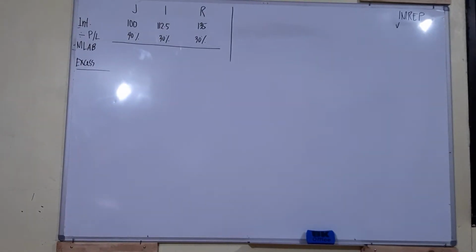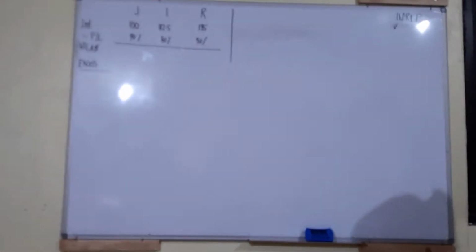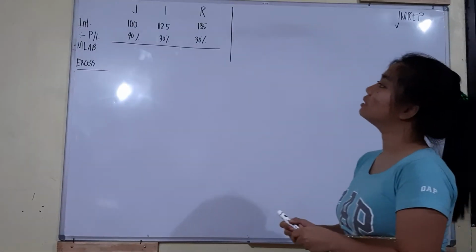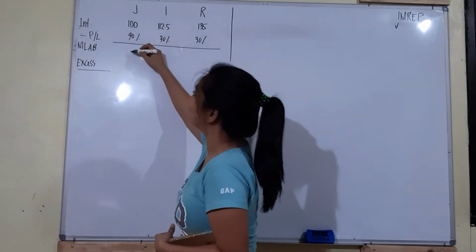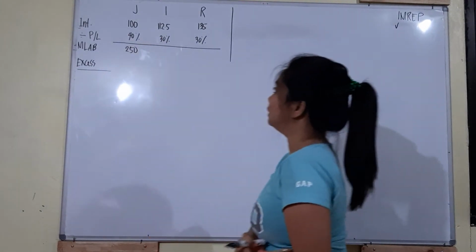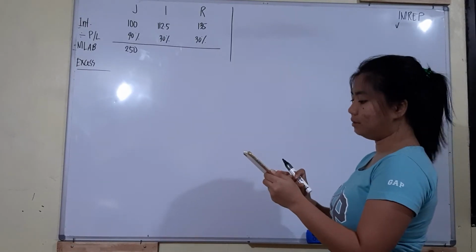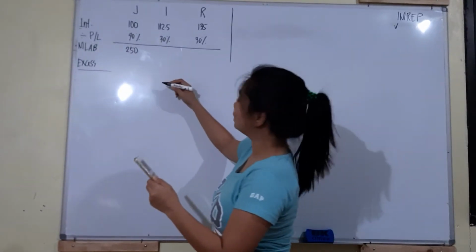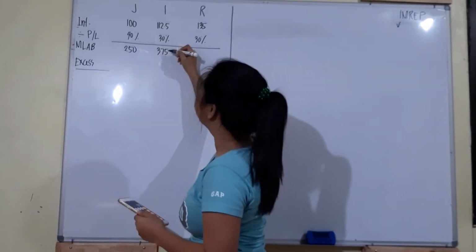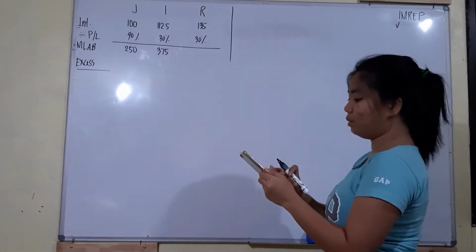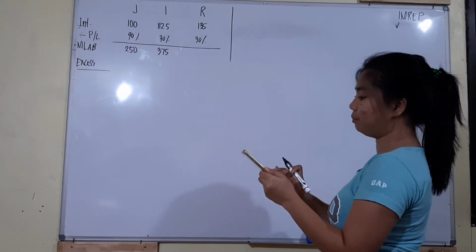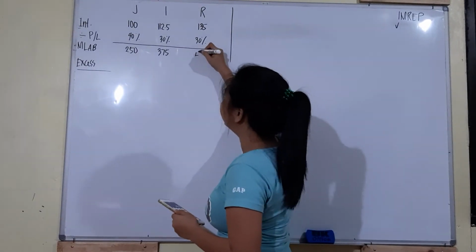So, we have 100 divided by 40%. So, the maximum loss absorption balance of Jeff is 250. For Irene, we have 112,500 divided by 30%. So, this is 375. And for Ruby, we have 135 divided by 30%. So, this will become 450.